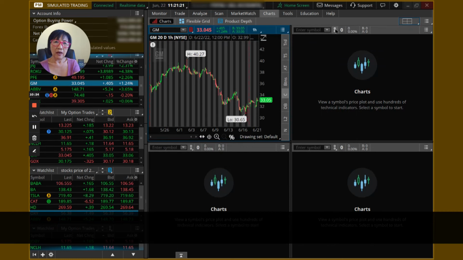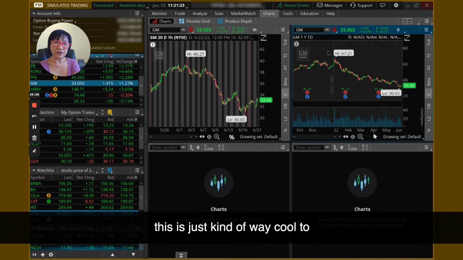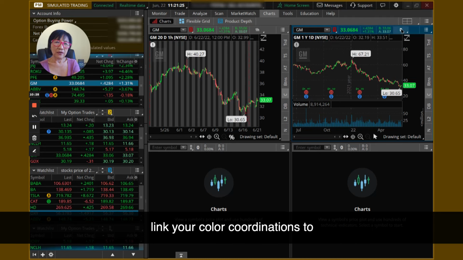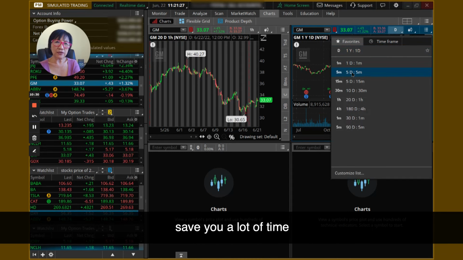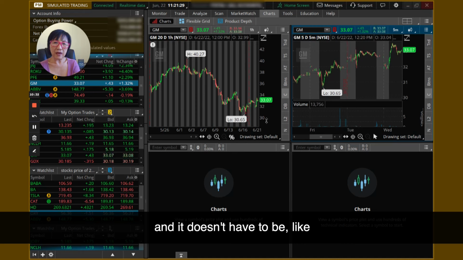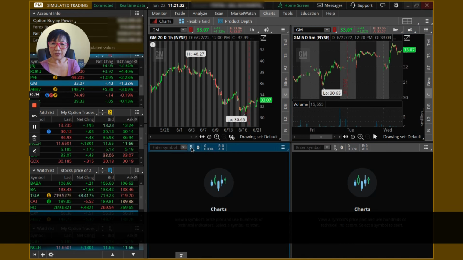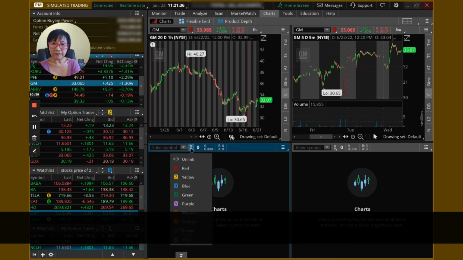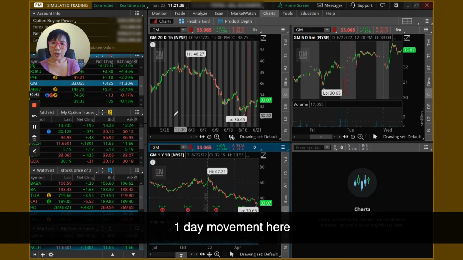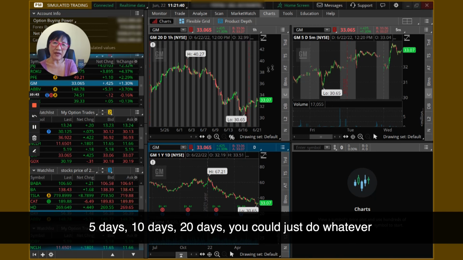Again, this is just a way cool way to link your color coordination to save you a lot of time. It doesn't have to be like I had it, with the 1-day movement here and 5-day and 10-day, 20-day. You could just do whatever.